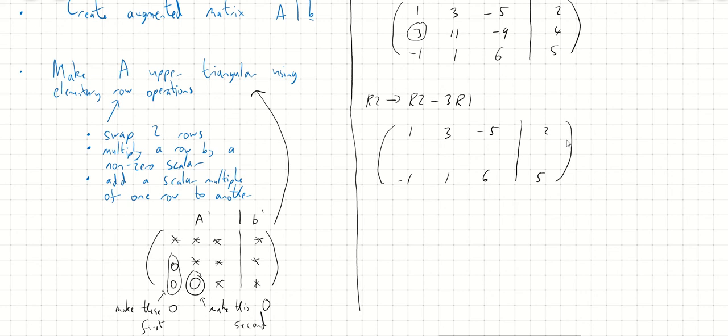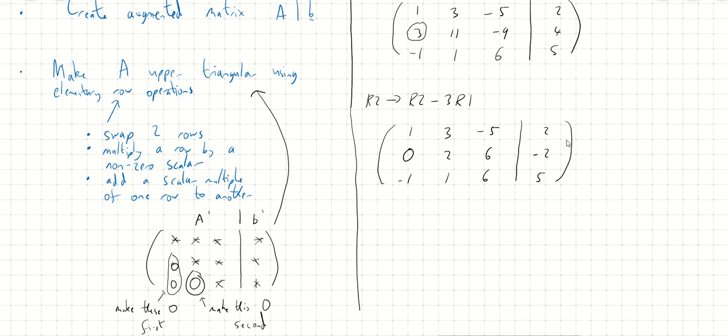So 3 minus 3 times 1 is 0. Then 11 minus 3 times 3 is 2. Minus 9 minus 3 times minus 5 is the same as minus 9 plus 15, which is 6. And 4 minus 3 lots of 2 is minus 2.